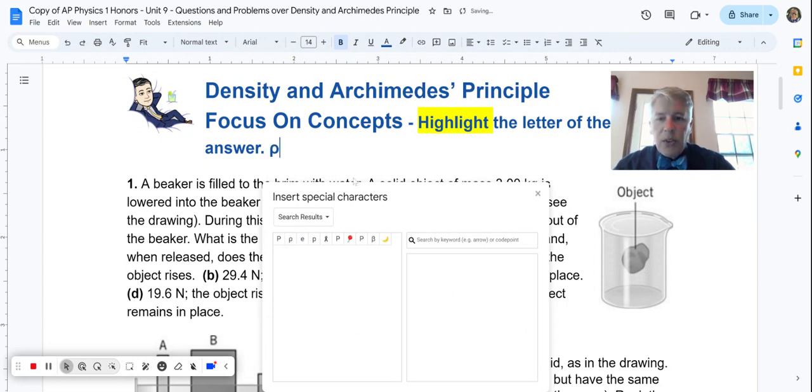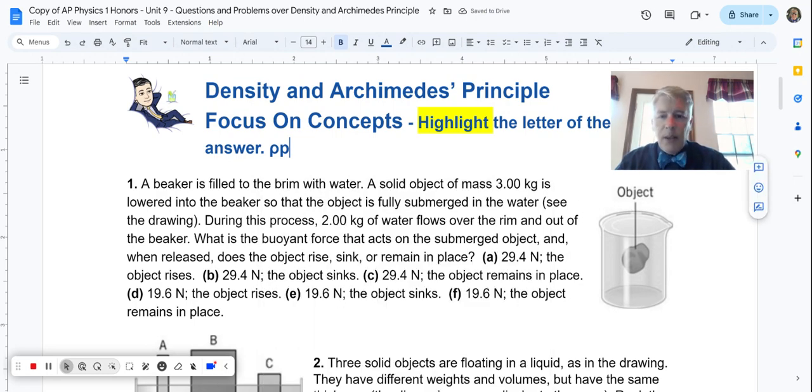I'm going to put that in there, and that equals your mass divided by volume. So that's the equation for density. This is not a P, that's density.